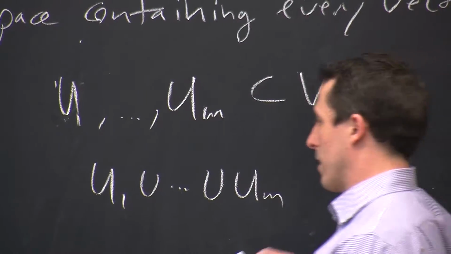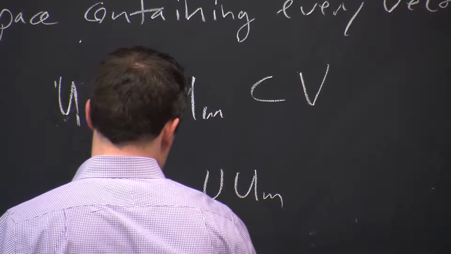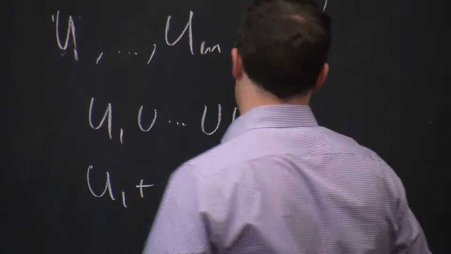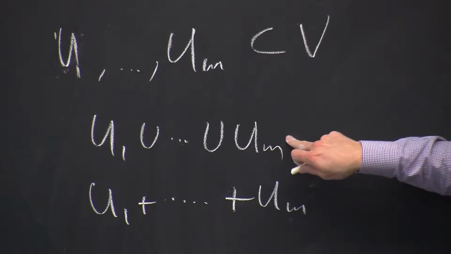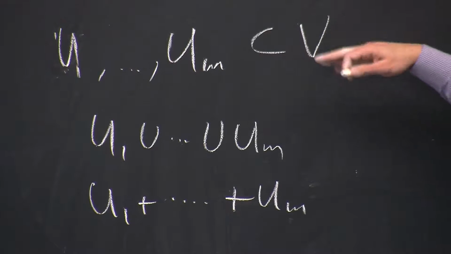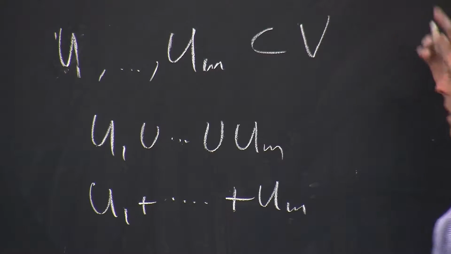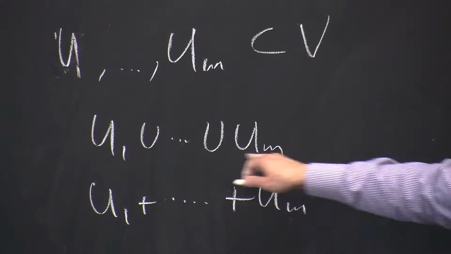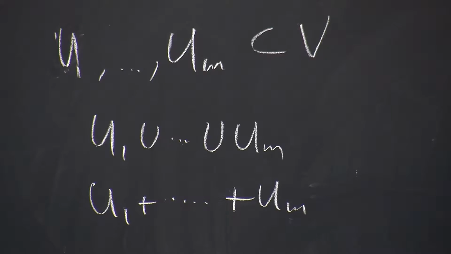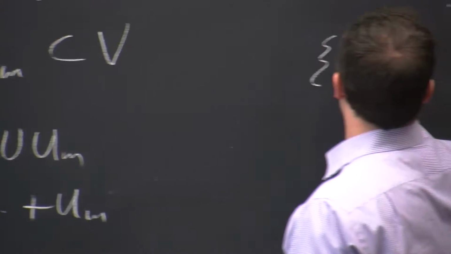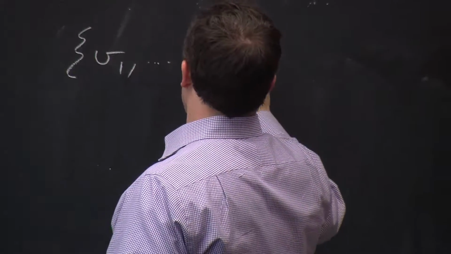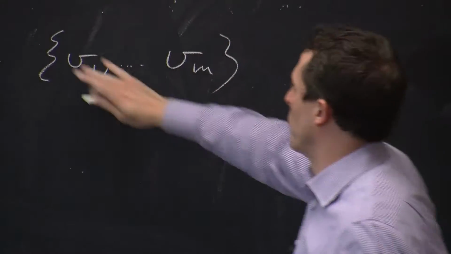Instead, I should take the sum, which is the smallest thing which is a vector space and contains these. This is the same statement again, but about just vectors. So I want the smallest subspace that contains the vectors of my list, v1 up to vm.